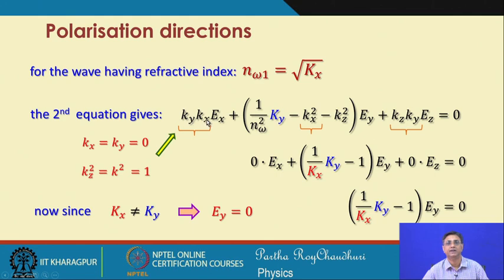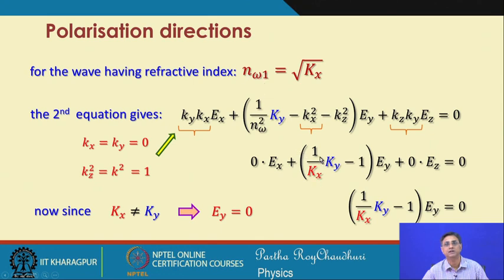So, k y, k x, E x, but because k x and k y are 0, this quantity will become 0. So, 0 into E x, but now k x square is also 0. So, this minus k z square, and k z square is equal to 1. So, this minus 1.